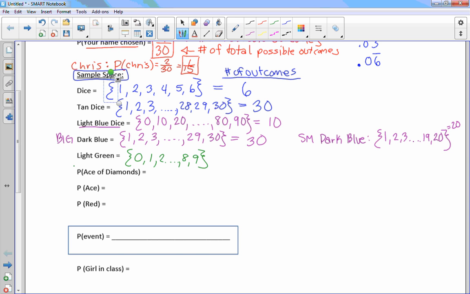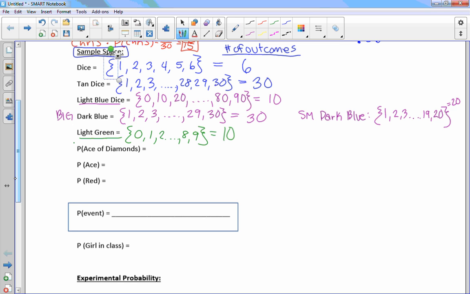So the number of outcomes is how many? 10. So it's very similar to the light blue, except we're not counting the multiples of 10. But different than the light blue, where the probability that you roll even was 9 out of 10.